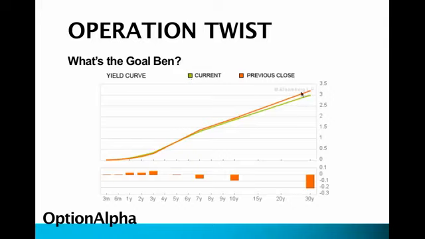Yesterday's previous close was this orange line, and today after the announcement, the yield curve already started to become a little bit more flat. That's the whole goal: some of these longer term securities, these 10 and 30-year securities, are going to be bought up by the Fed with more Fed dollars, and they're going to push these yields, or these interest rates, down. That's going to flatten this yield curve across the board.